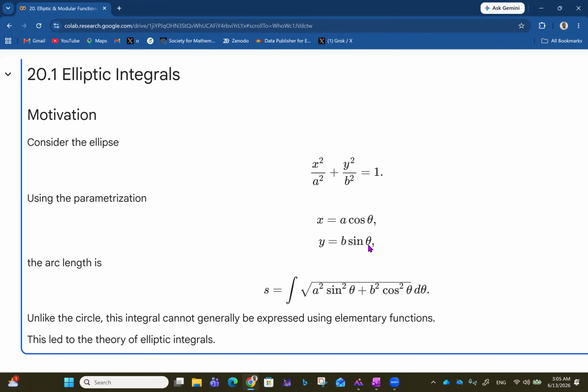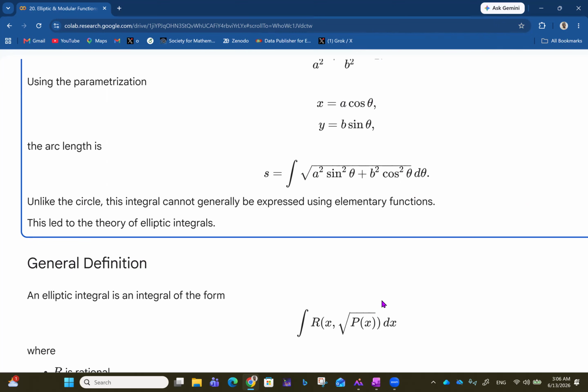We change it in terms of cos and sine. Unlike the circle, this integral cannot generally be expressed using elementary functions. So this led to the theory of elliptic integrals.